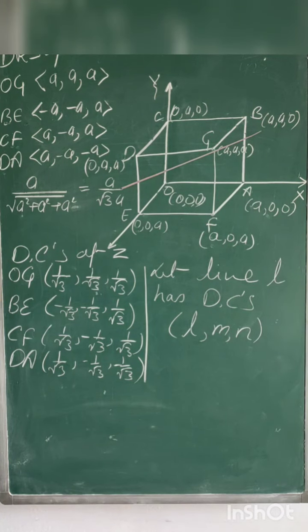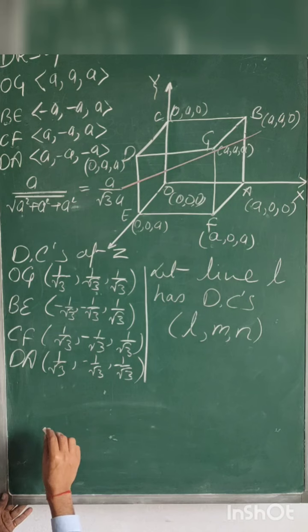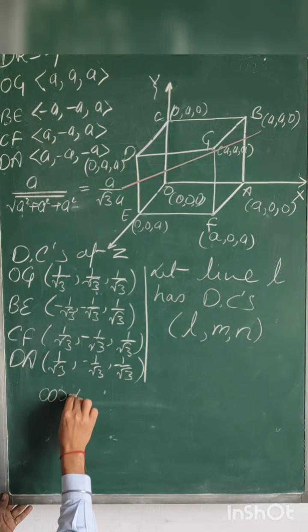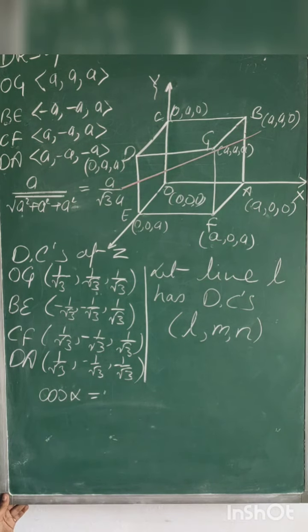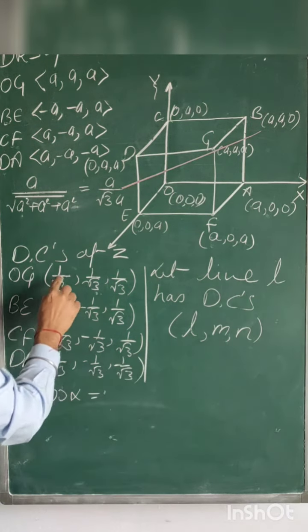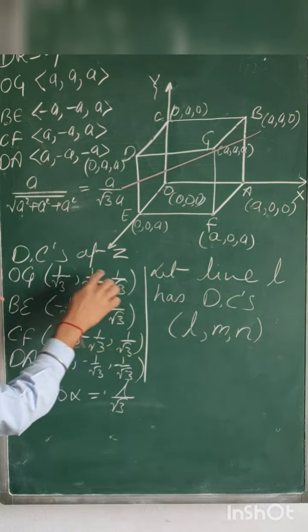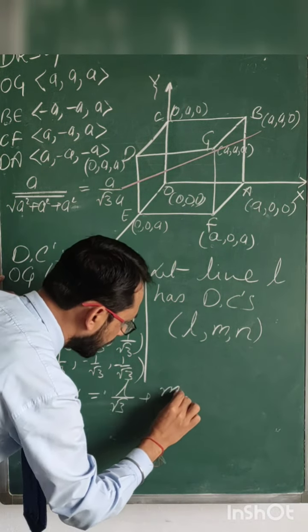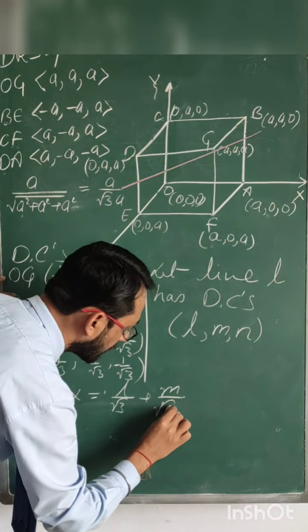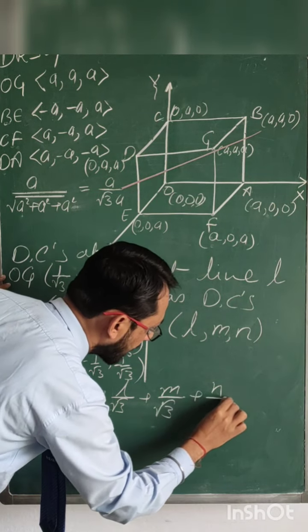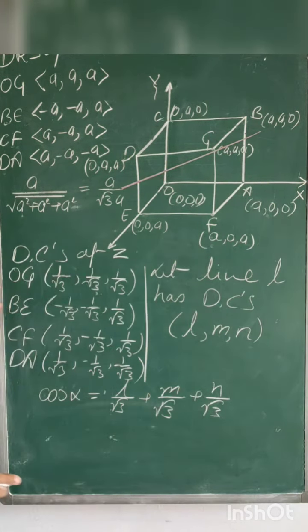Now with the first diagonal it is making angle alpha. So cos alpha will be l1 l2 plus m1 m2 plus n1 n2, which means l upon root 3 plus m upon root 3 plus n upon root 3.